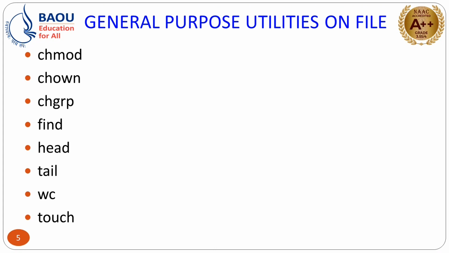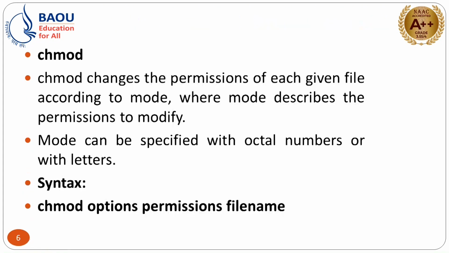So we are just starting with the first one, that is the chmod command. Now as we have discussed in the previous session, suppose you want to see the details of files available in the current directory, you are using the ls command. Now suppose you require the detailed listing of files and directories, you are using the option ls -l.